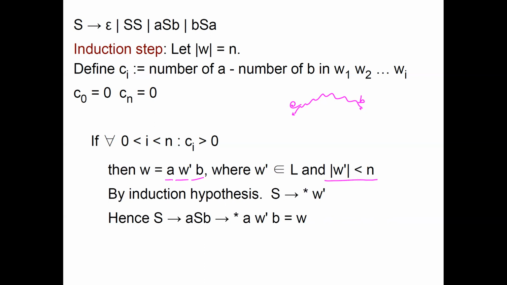Because you have an A here and a B here, w' is in the language, so you can derive w' by induction hypothesis. And so I can now use the rule S goes to aSb, and then derive w' from S to get w, and I'm done.